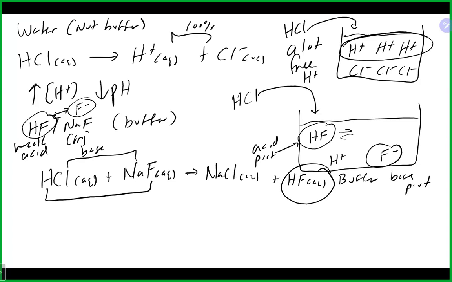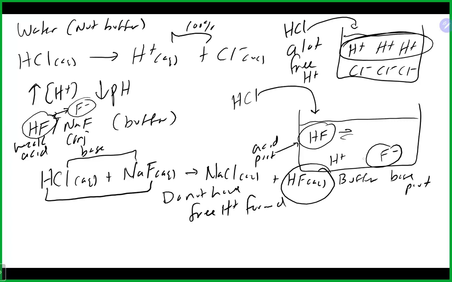And because you made the part of the buffer that was there originally, it's not going to affect the pH. Sodium chloride is a neutral salt. It won't affect the pH. And the key here is we do not have free H plus formed.